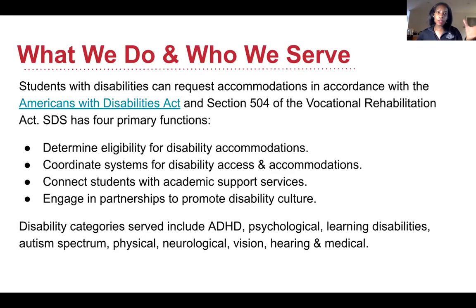So it may be housing, dining, classroom accommodations. And then we work to make sure that organizations such as the Students with Disabilities Advisory Council have appropriate support and resources to make sure that there's a student organization dedicated to promoting disability culture. They also act in an advisory capacity to us.